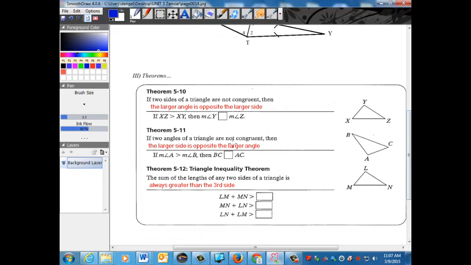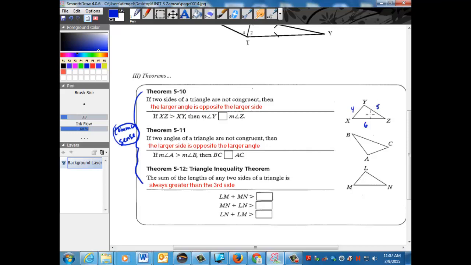For these next three theorems, I like to think of the term as common sense, meaning let's take a look at what these are saying, because really we just use common sense when dealing with these theorems, and we can tell which sides and which angles are shortest, longest, etc. So if XZ is greater than XY, let's say on this drawing that we knew this was 6, and this was 4, and this was 5.